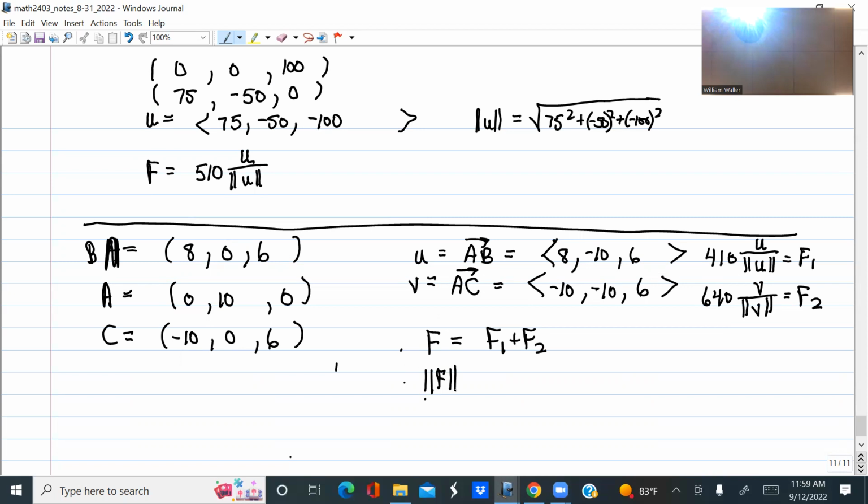So, kind of a multi-step process there, but once you get a feel for how force vectors are set up, it's not that bad.